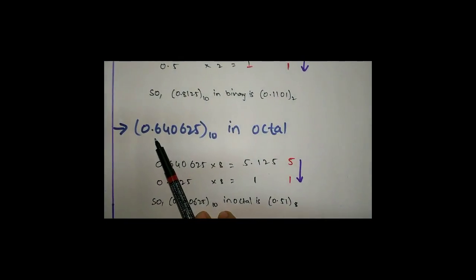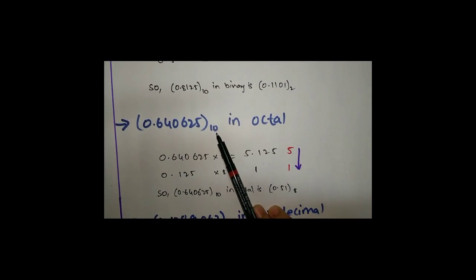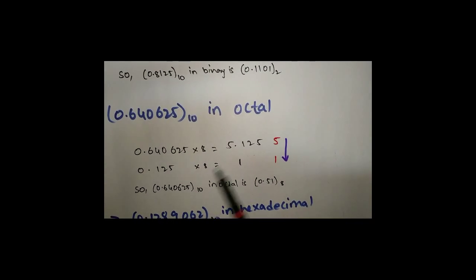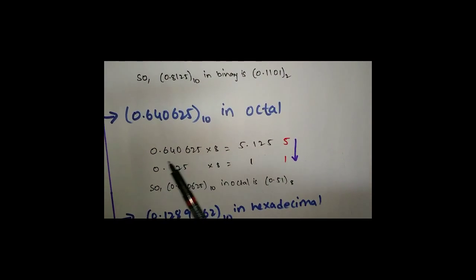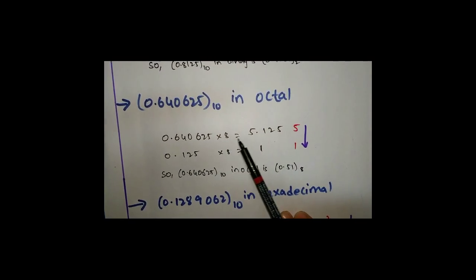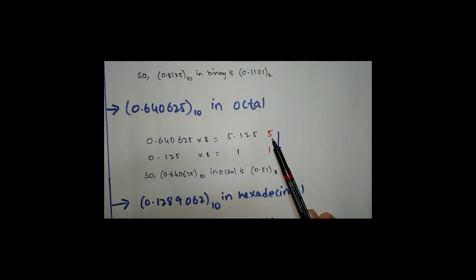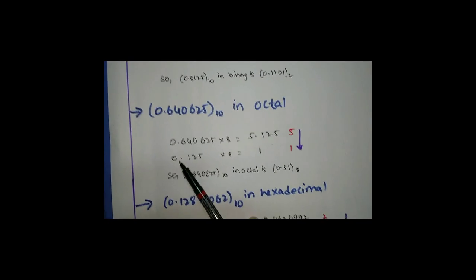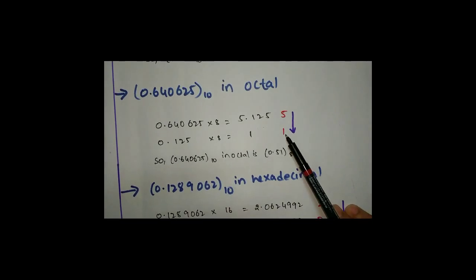Next here 0.640625, it is in decimal equivalent. To convert to octal, octal means to the base 8. So we multiply the given decimal into 8. 0.640625 into 8 equal to 5.125, where we keep 5 here, and we have to multiply this part 0.125 into 8, which gives 1.